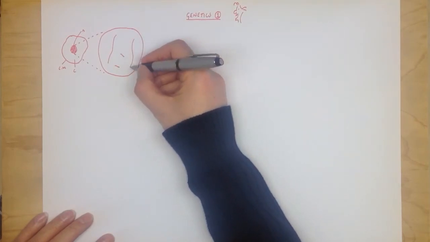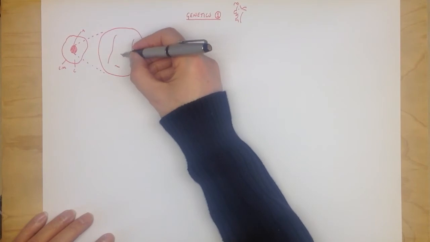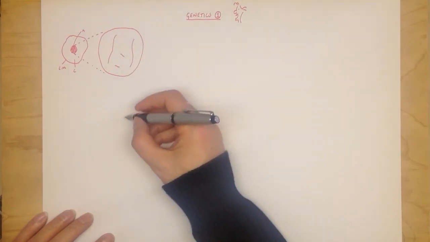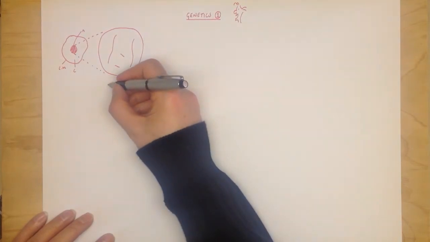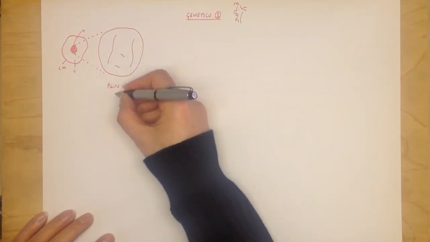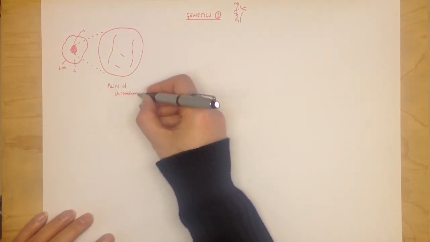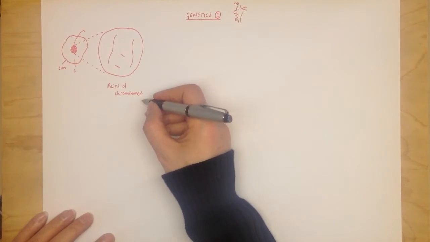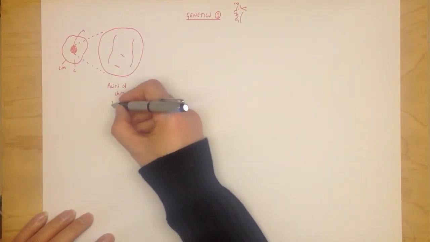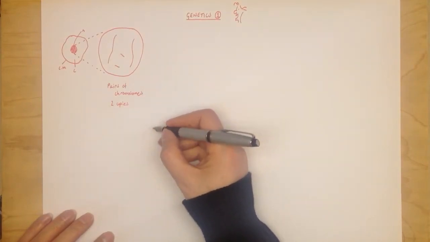Now I'm only drawing 4 chromosomes, 2 long chromosomes and 2 short chromosomes. That's because in every body cell, chromosomes are in pairs. And that's important because it means that we have more than one copy of each gene. We have 2 copies of each chromosome.